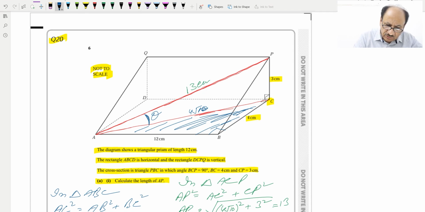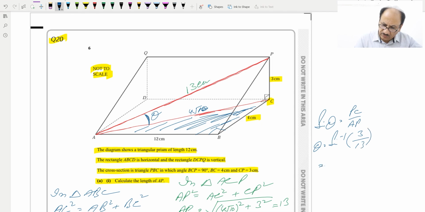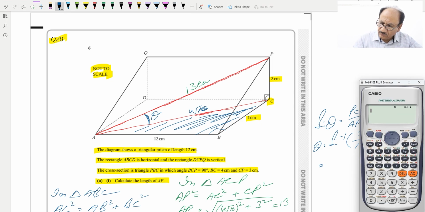So we have opposite, we have hypotenuse, so we can write sine theta is equal to PC over AP, so theta is equal to sine inverse of PC, which is 3 over 13, and for 3 over 13 we find shift sine of 3 over 13, and the bracket closed, and this is equal to 13.34.